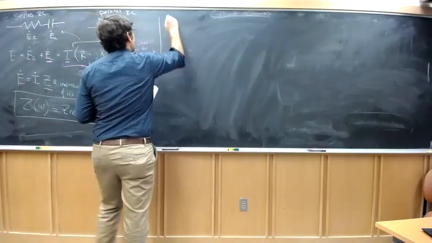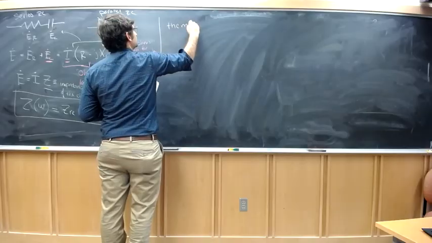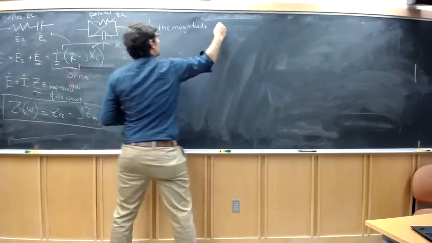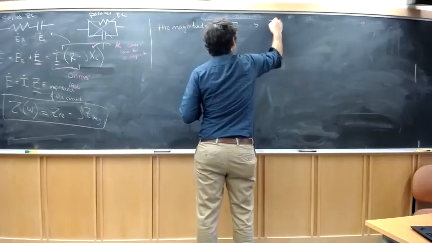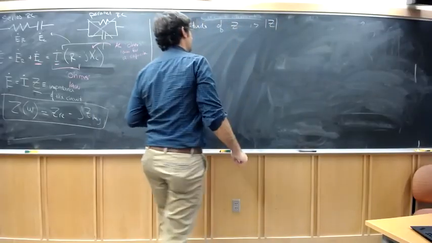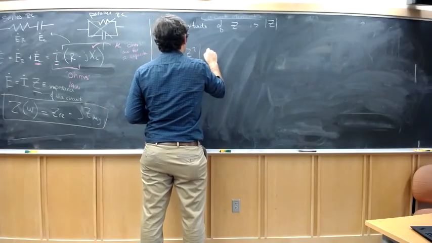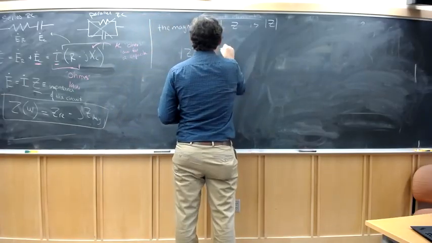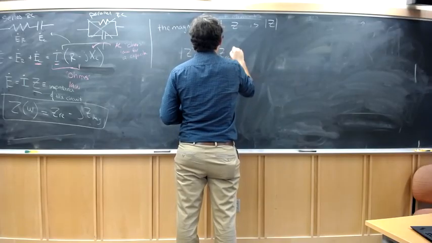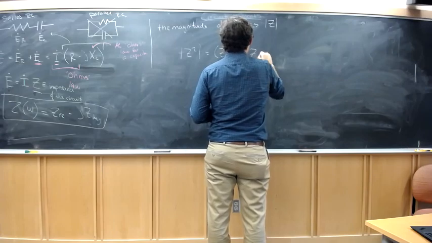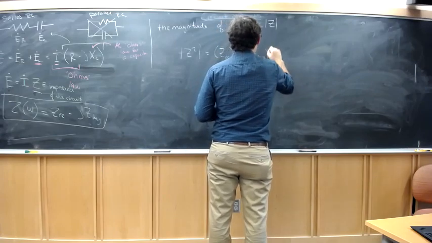So the magnitude of Z, the absolute value, that's just |Z| squared equals Z real squared plus Z imaginary squared.